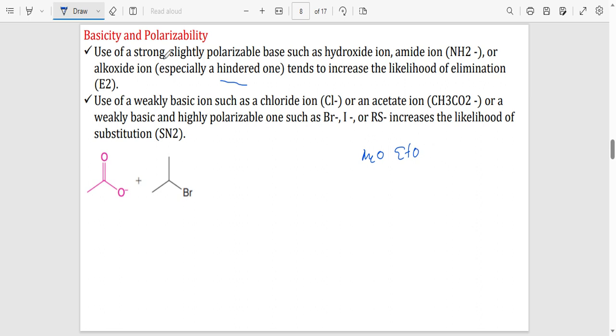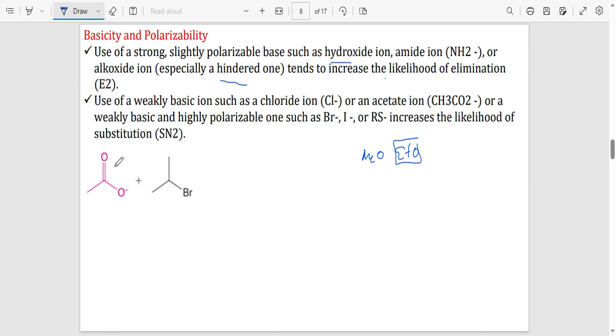So when you use a strong and slightly polarizable base, that is going to increase the likelihood of an elimination reaction. Elimination reactions, remember, are good for bases which are what? For bases which are bulky, like the same tert-butoxide, or even the same hydroxide and amide.